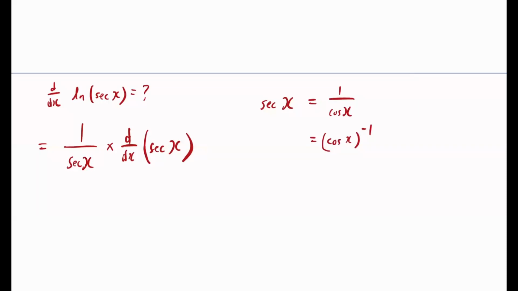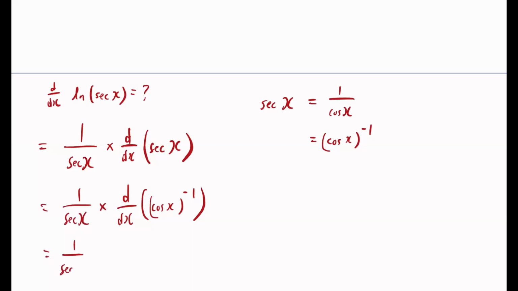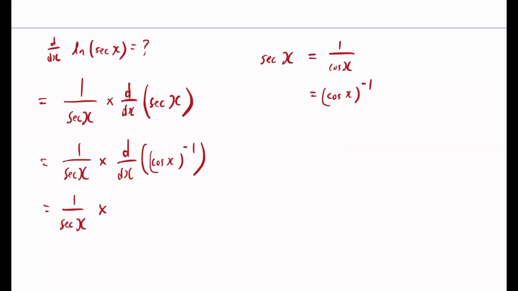Now differentiating secant x is equivalent to differentiating cos x to the power of -1. How do you differentiate power -1? Outer times D inner.